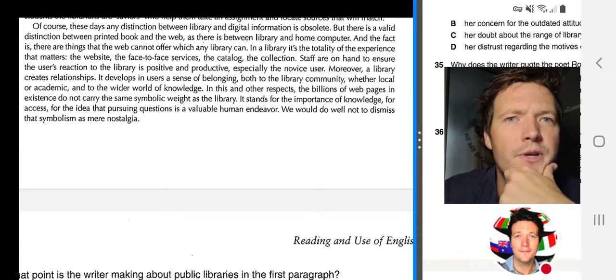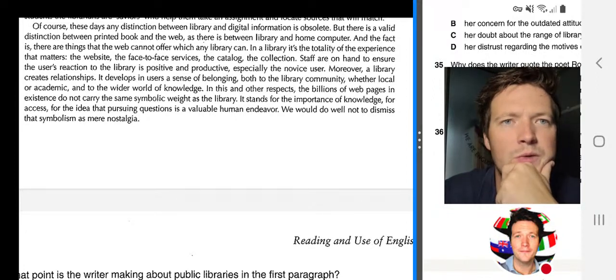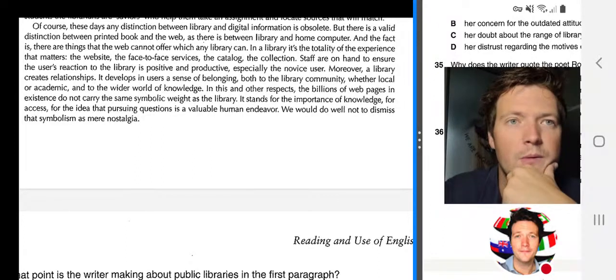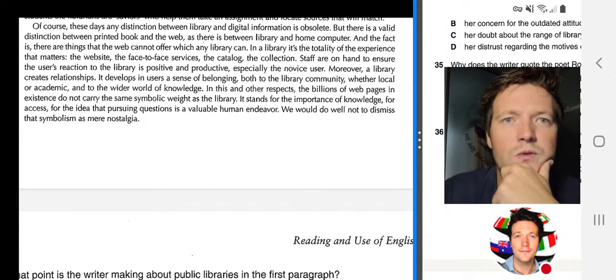Moreover, a library creates relationships. It develops in users a sense of belonging, both to the library community, whether local or academic, and to the wider world of knowledge. In this and other respects, the billions of web pages in existence do not carry the same symbolic weight as the library.